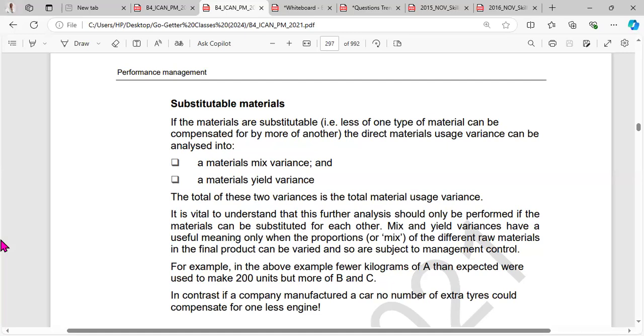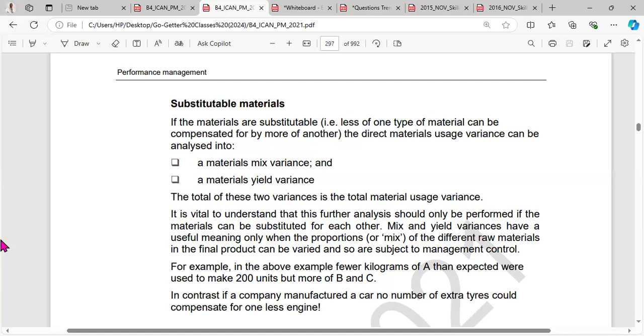Said if the mix or proportion can be varied and is subject to management control, then we can have a meaningful mix and yield variance.